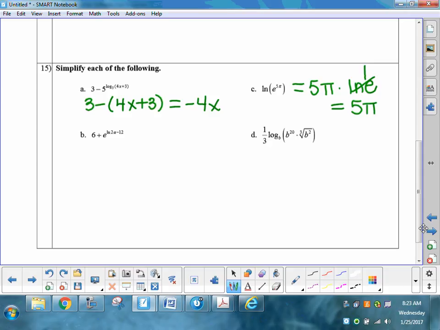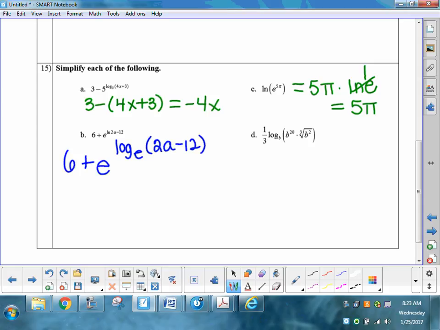Look at B. What does e to the natural log of 2a minus 12 power simplify to? Maybe that'll help you.